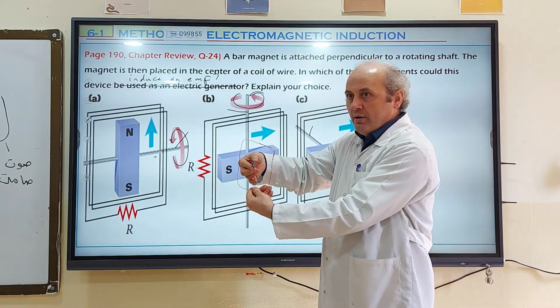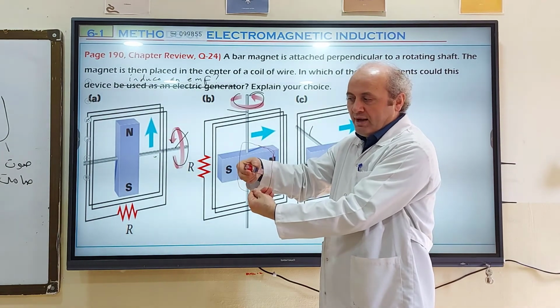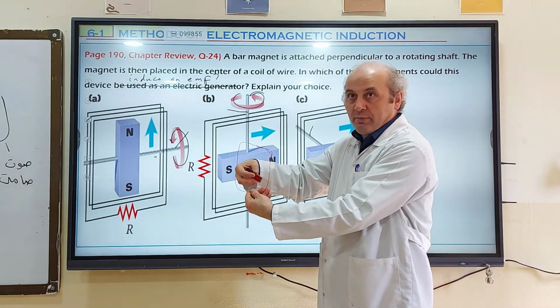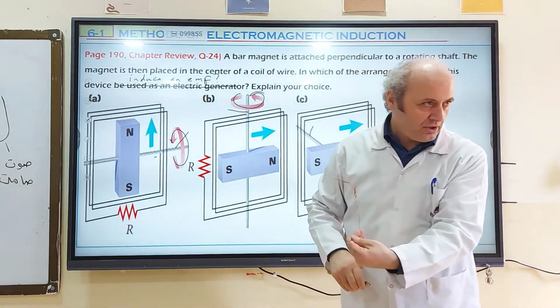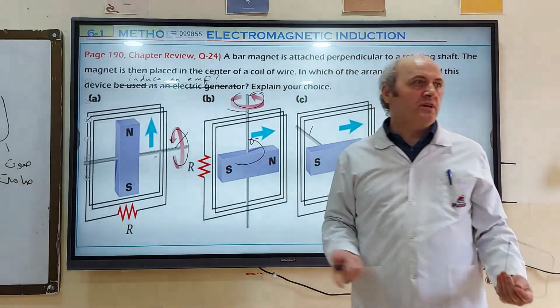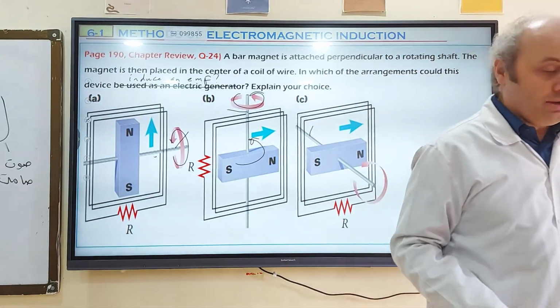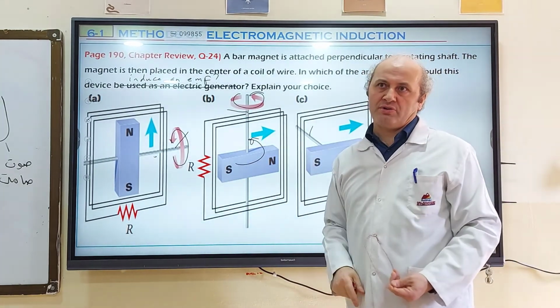But now perpendicular, maximum. Then parallel, 0. Perpendicular, maximum. So in this rotation also, magnetic flux is changing. So there will be an induced EMF as well. This is also a method of inducing EMF, so this also can be used as a generator.